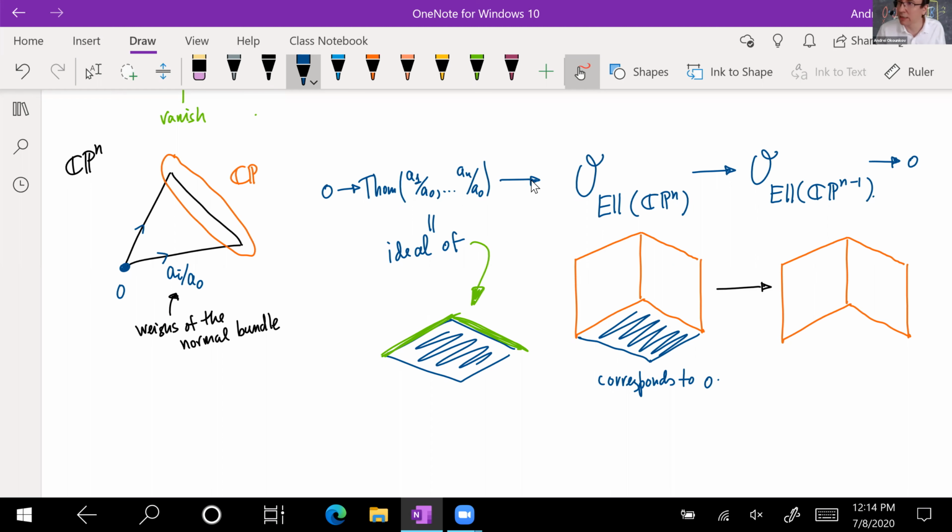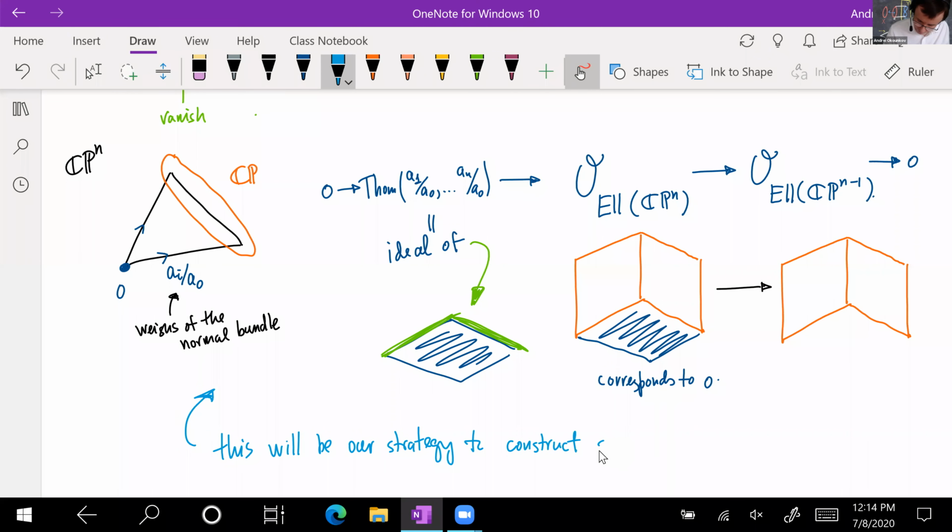But you can also do things like this sequence, and this would be our strategy to construct. So I hope this works, that this will be our strategy.